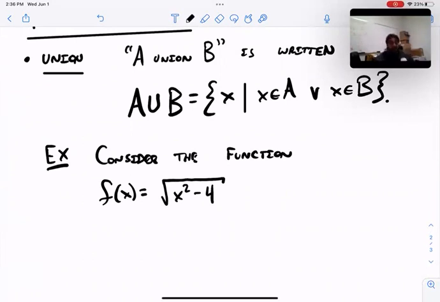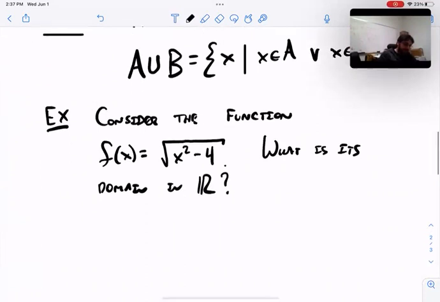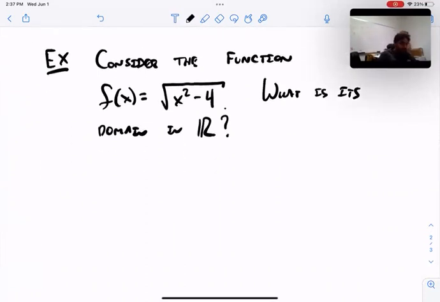Let's consider that function, right? And you want to say, what is its domain over the real numbers? Then, well, what do we need? We need x squared minus 4 to be non-negative, right?